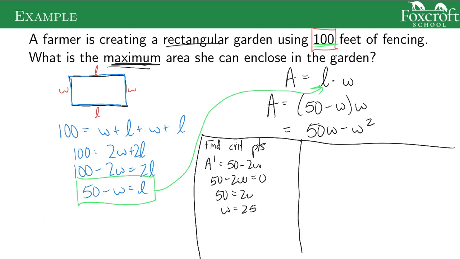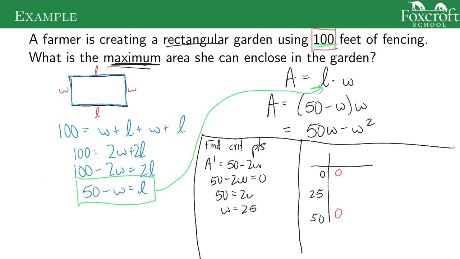After we find our critical points, remember absolute maxes can happen at the endpoints as well as the critical points. The endpoints would be if my width was 0, and the other if my width was 50, because that would mean I'd have no length or no width. Then 25 is my critical point. If I plug in either 0 or 50, I get 0 for my area, because it's basically just a straight line of fence.